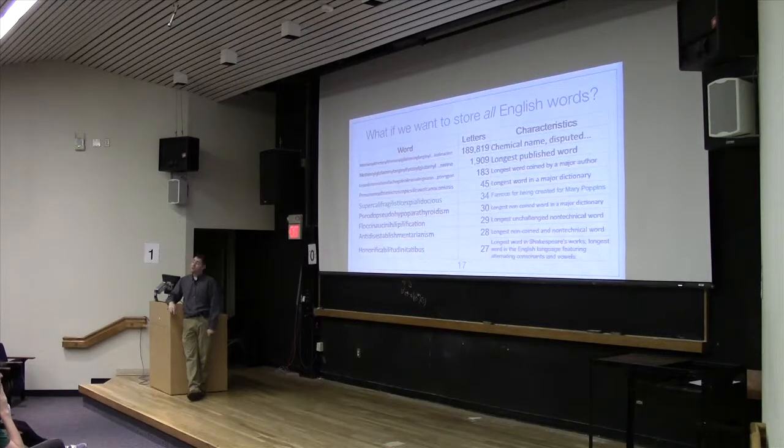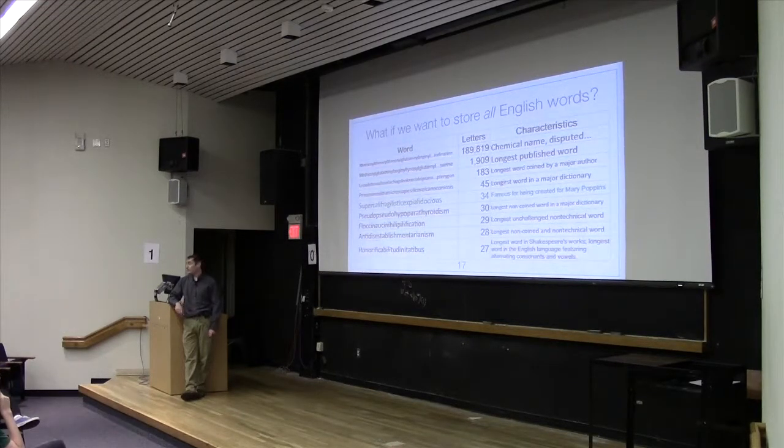The longest published word that's not debated or whatever, right, is this other word. It starts with methionoglutaminolarge. I don't even know how to pronounce that, right? And it ends with serine, right? And that's 1,900 letters long, OK? And then there's some other words. The longest word coined by a major author, right? 183 letters.